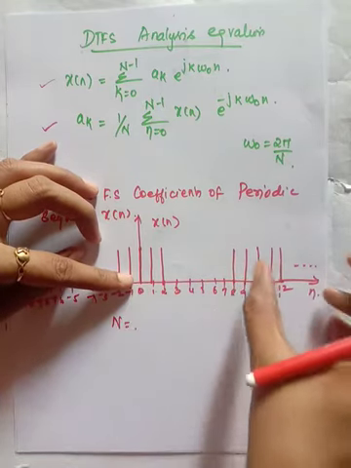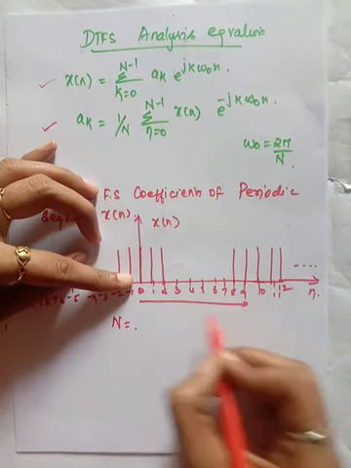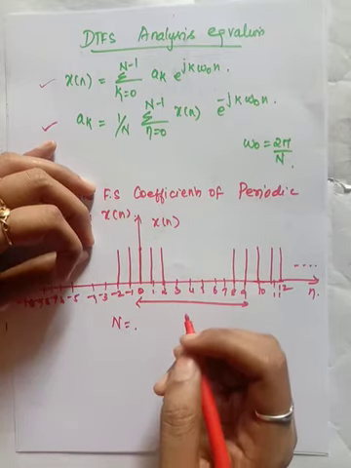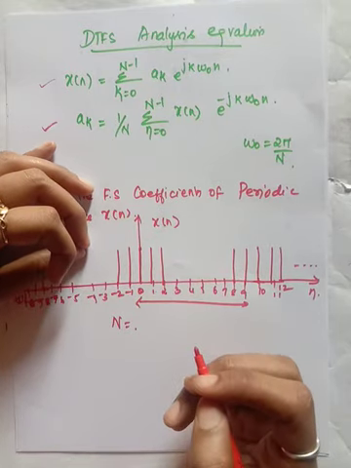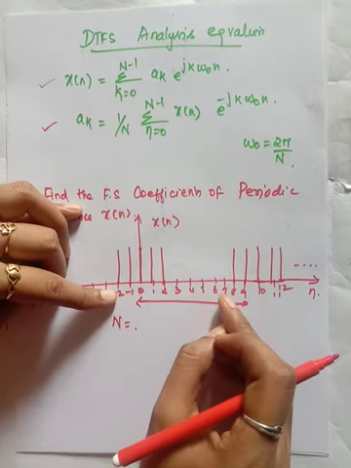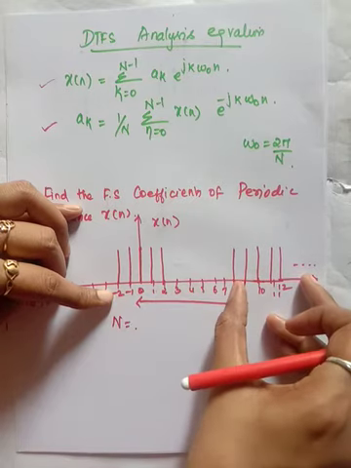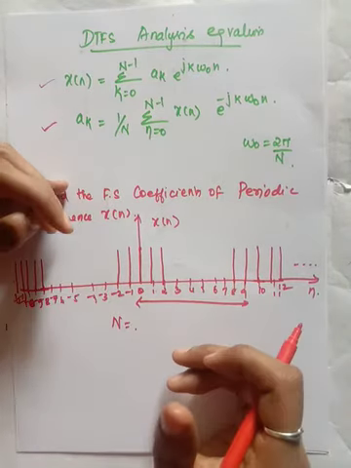Again this spectrum is repeating like this. So I am going to consider the spectrum as 0 to 9. Either you can use -2 up to this one, and this spectrum is going to repeat. So either way you can choose.